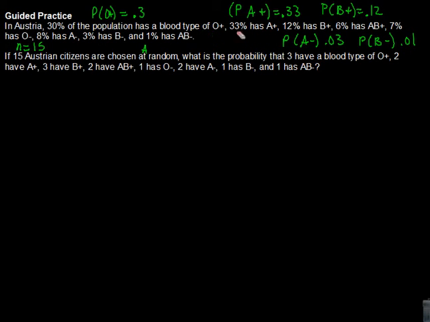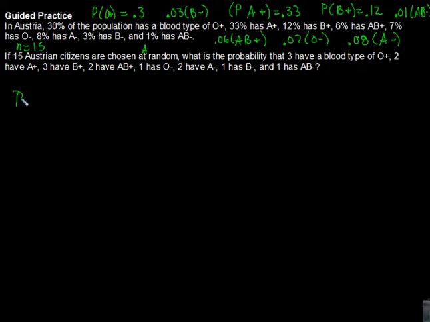Hold on. 30% is O positive, 33% is A positive, 12% is B positive. Aha. 6% is AB positive. 7% is O negative. 8% is A negative. 3% is B negative, and 1% is AB negative.